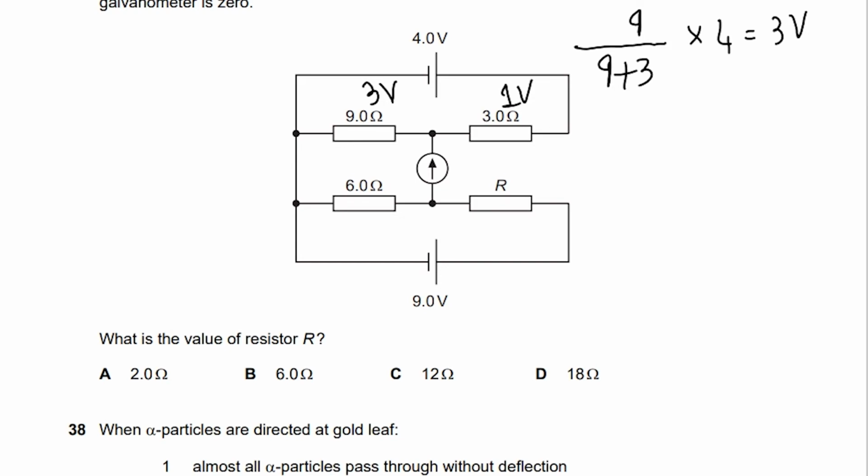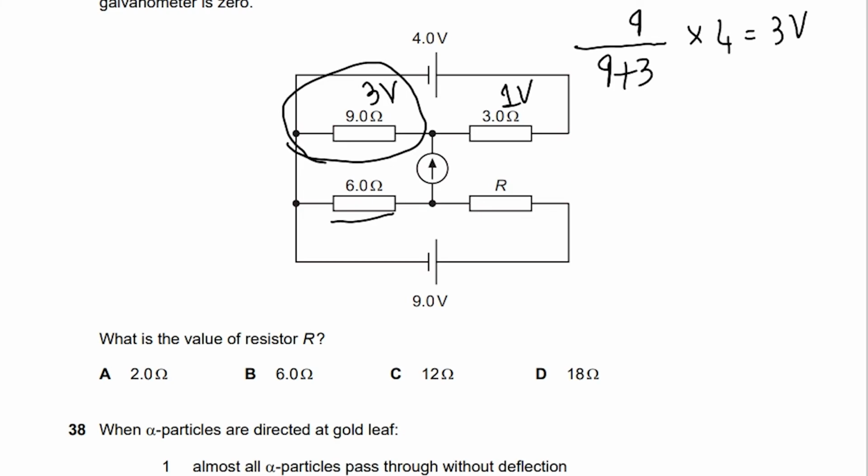The second thing is that there is a galvanometer and the reading on the galvanometer is 0. Obviously the reading on the galvanometer is 0 when the potential difference across a resistor and the other point is the same, so there is no difference between them.